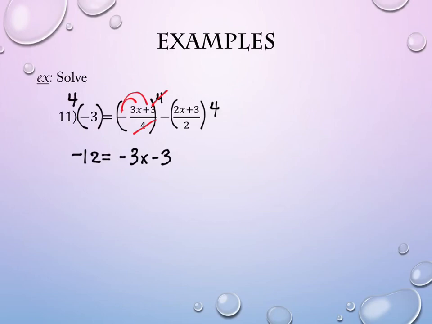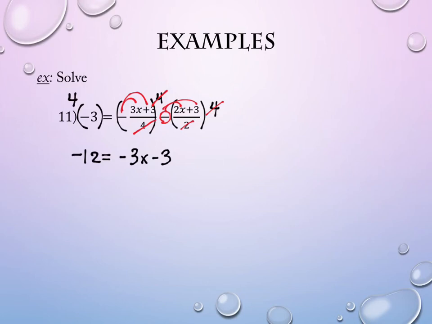And again, this negative is applying to each piece of the numerator. How do I know? Because it's in front of the entire fraction. If it were right beside the 3, like the 3x, it wouldn't. But it's in front of the entire fraction. This negative will do the same thing. It'll apply to everything inside. But on this one, the 4 and the 2 don't completely go away like the 4 and the 4 did. So when I cancel this 2 and this 4, what happens? What is 4 divided by 2?